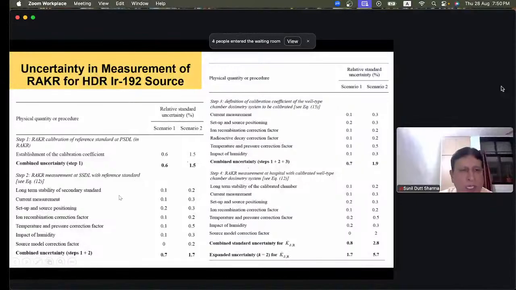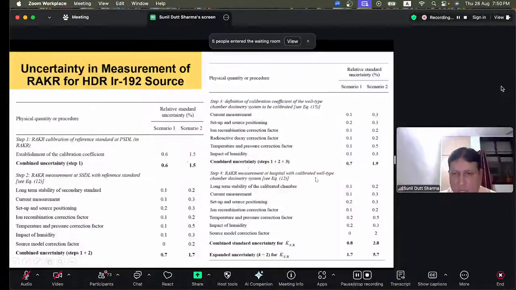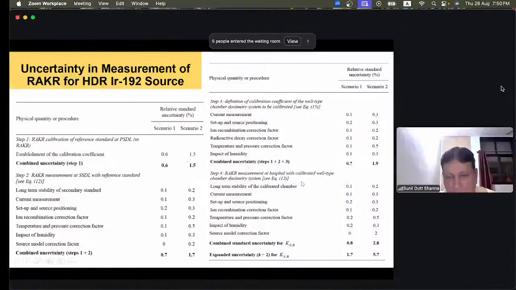Then a standard laboratory has used this instrument for calibrating your dosimeter or detector, then their uncertainty shall also be included. Finally, the user has conducted the measurement at their institution, and they also have some uncertainty of their detectors, their method. So everything needs to be quantified.